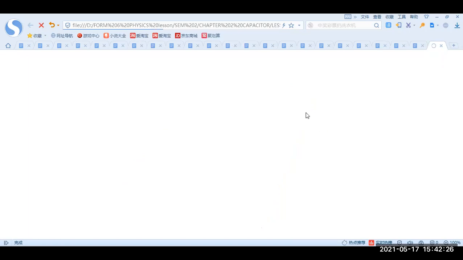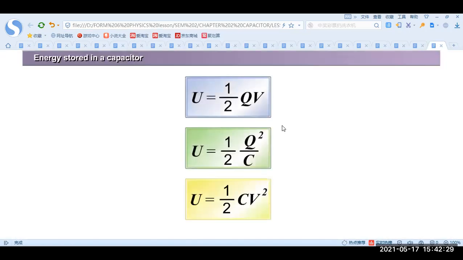Next, how do we calculate the energy stored in a capacitor? We can use these three formulas. U equal to 1 over 2 QV, where V equal to Q over C, so Q times Q over C becomes Q squared over C. As we know Q equal to CV, so U equal to 1 over 2 CV squared as well.